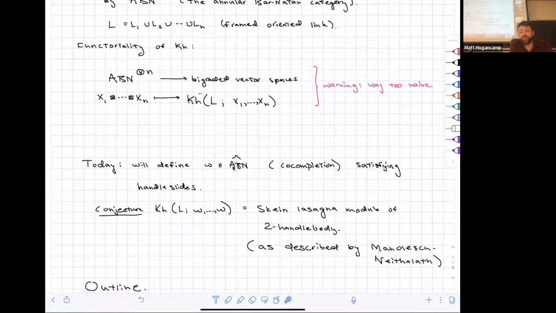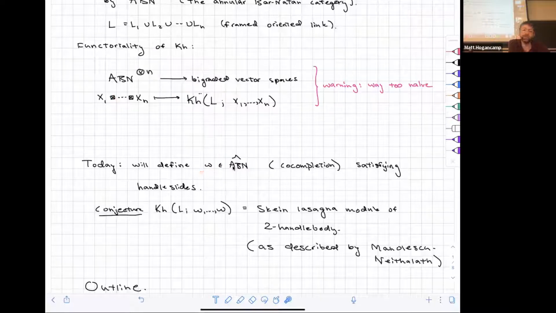This is very much reminiscent of how one defines the Reshetikhin-Turaev invariant or whatever: you start with the link invariant and you define an element in the skein module of the annulus, which is invariant under handle slides. So today I will define an element which is invariant under handle slides.